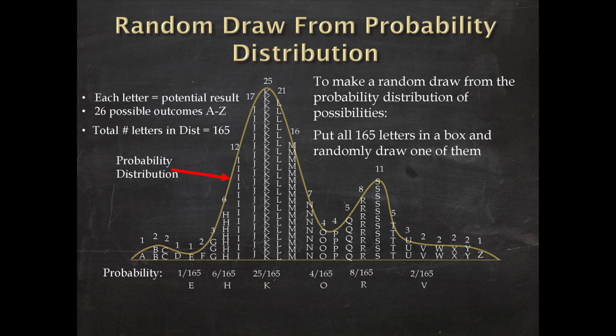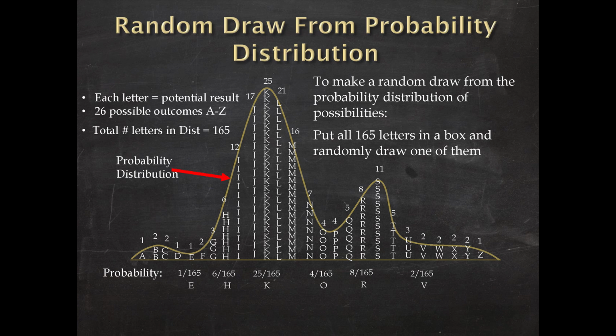You have to think of all of these letters, the A, the 2 B's, the 2 C's, the 6 H's, the 25 K's, all going into a box, shaken up, randomized. When you make a random draw from this probability distribution, you reach in the box and pull out one letter. That's the random draw.